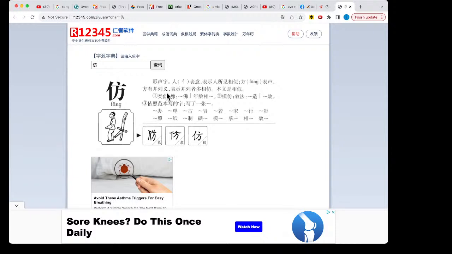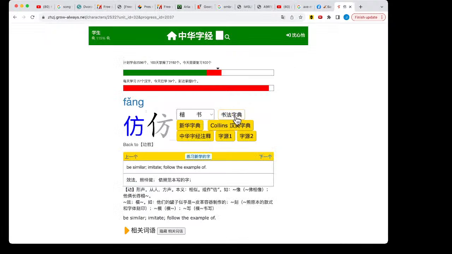So you are saying, okay, you are the one person standing there, standing by him just like him. That way they make the meaning of imitate and following. Okay, so this is 仿, 模仿.